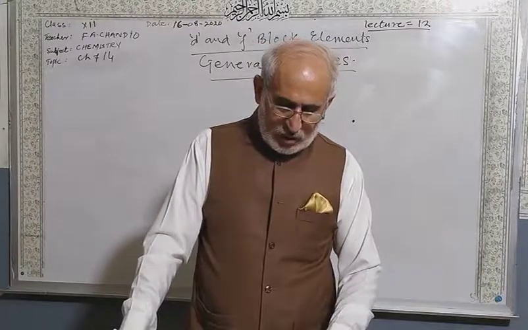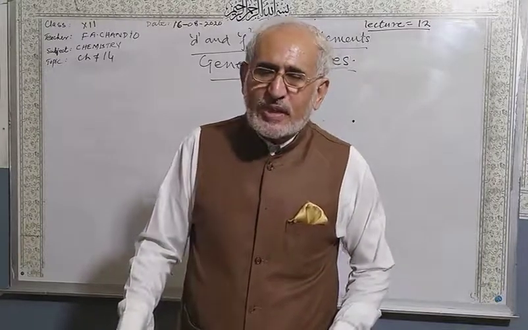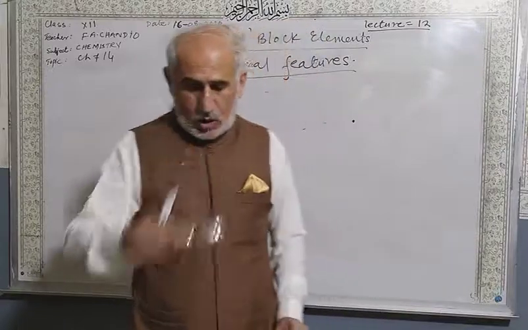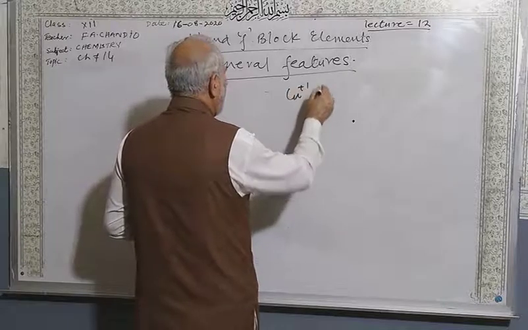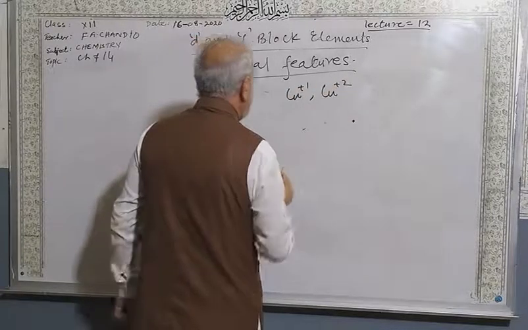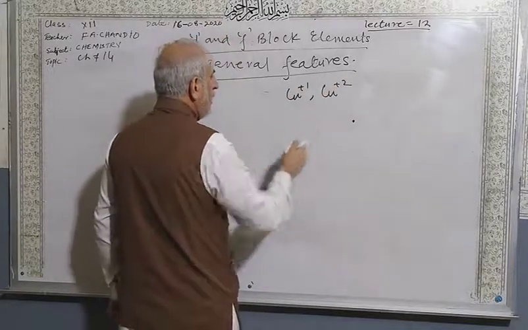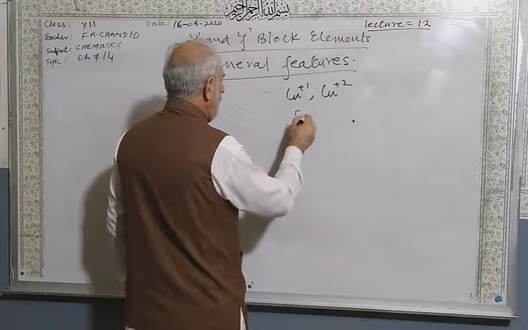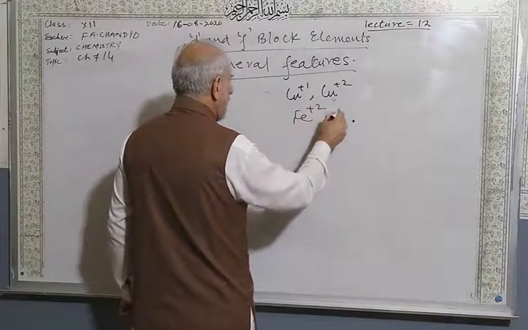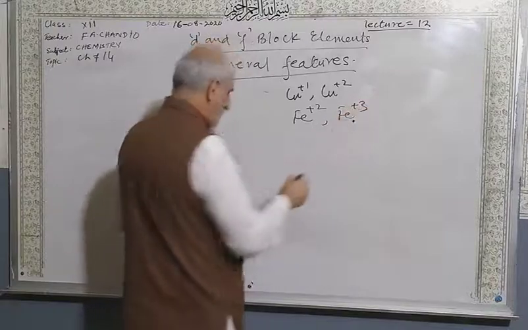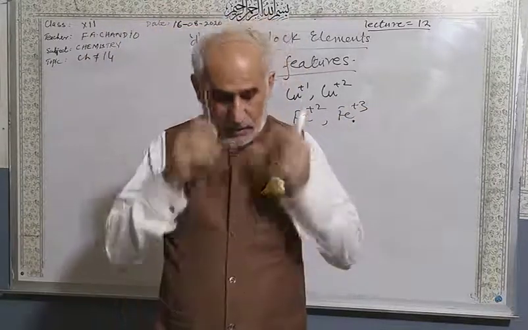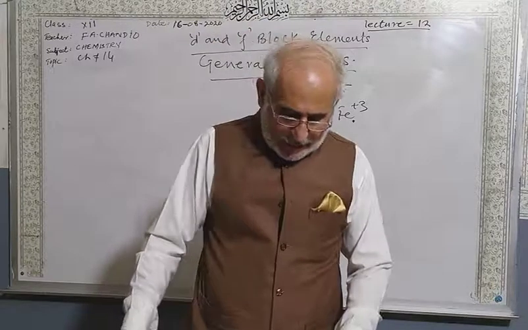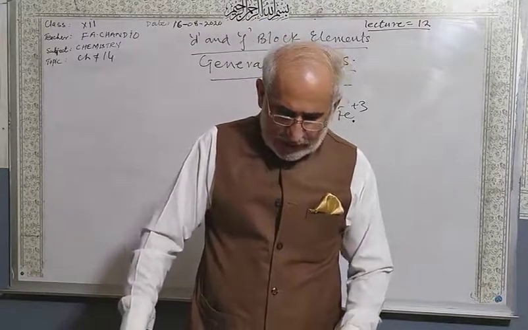With few exceptions, they show variable oxidation states, just like copper has two oxidation states, copper 1 and copper 2. There are also many other elements that show variable oxidation states, iron 2 and iron 3, mercury also. So few exceptions are there. Their ionic compounds are colored.